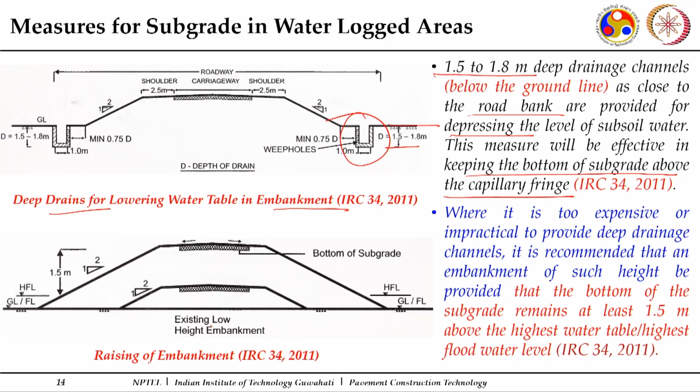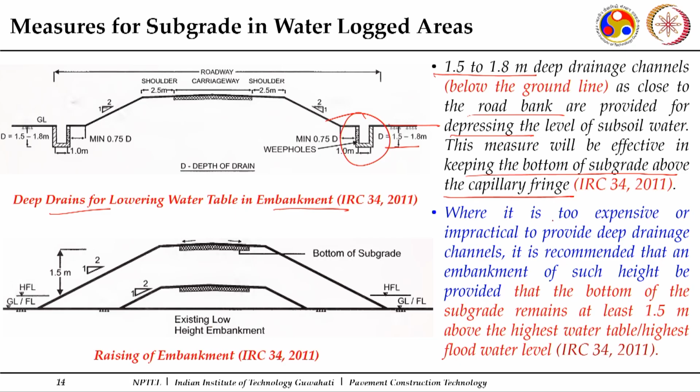So, this is one way I can keep the water level below my subgrade. But this is again a costly exercise, and throughout the length it is not practical. The other way around is, if I cannot go for these deep drainage channels, I have to raise the level.